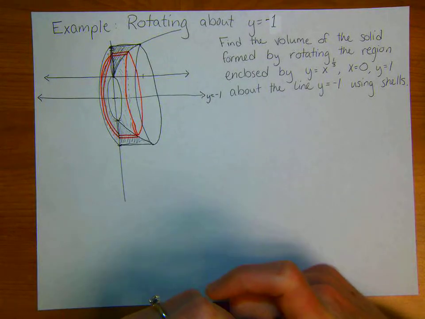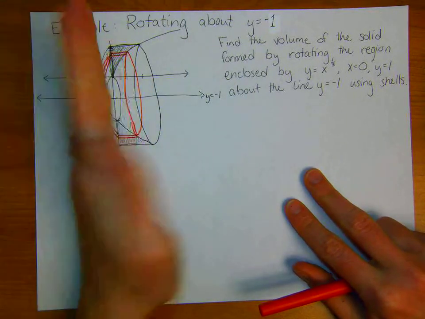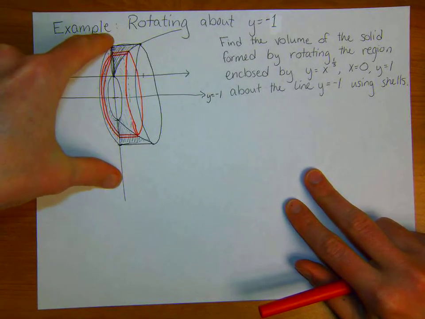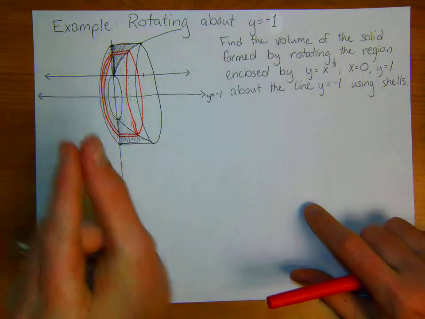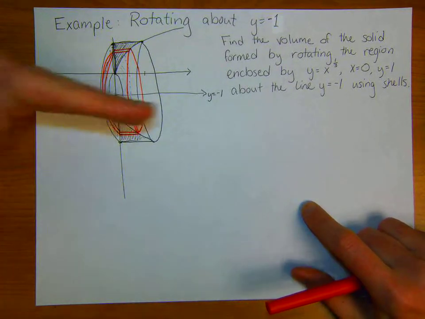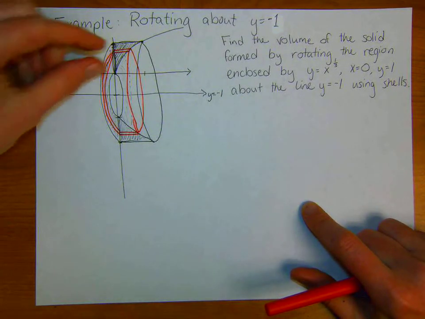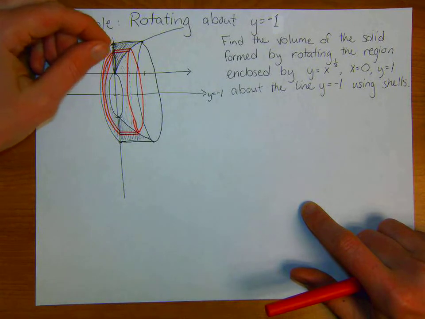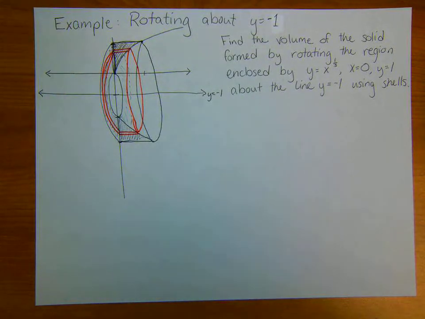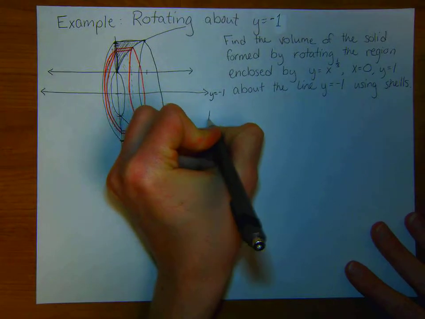But in general, if I'm rotating something about a vertical line, it means my shells are going to have dx's. Anytime I rotate about a horizontal line, it means my shells are going to have dy as their widths. Maybe I can even write that down.